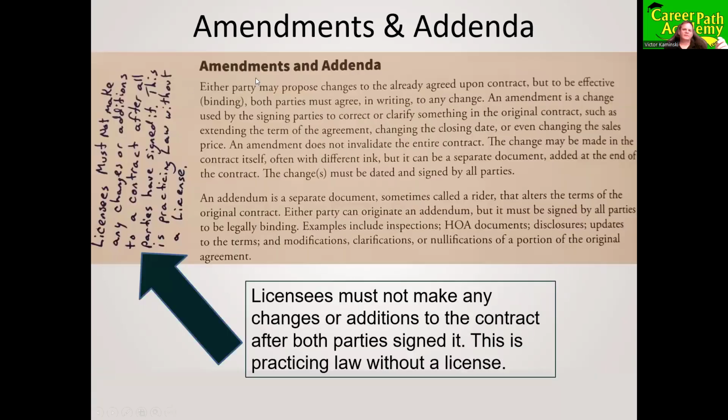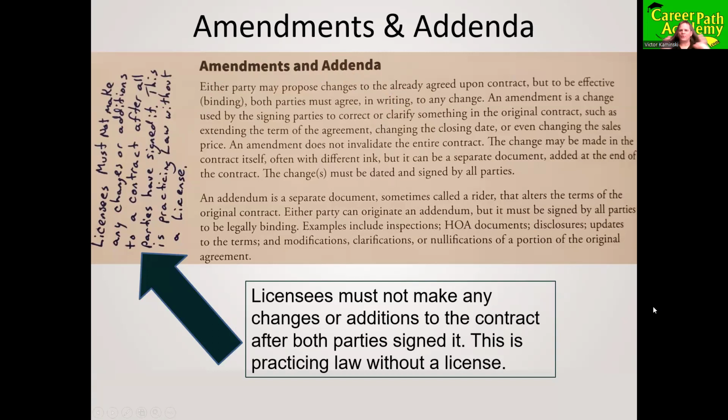All right, let's do this in the book. You see this here, I wrote some notes on the side. If you want to copy it in the book next to amendments and addenda, you could also underline add under addenda. That's an addition, showing you that you're adding something to a contract. Amendment is a change to it.